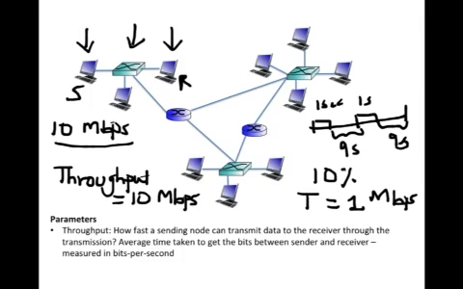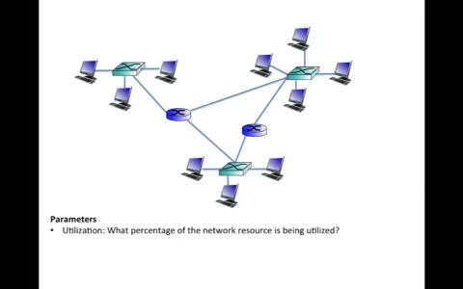So even though the throughput is related to the transmission rate, it is not necessarily equal to the transmission rate. It depends on how much the sender is actually transmitting. This relates to the next parameter, which is utilization, which is what we just talked about. Again, take the example of a sender trying to send to a receiver, and this is the channel resource being used for information to go from the sender to receiver.